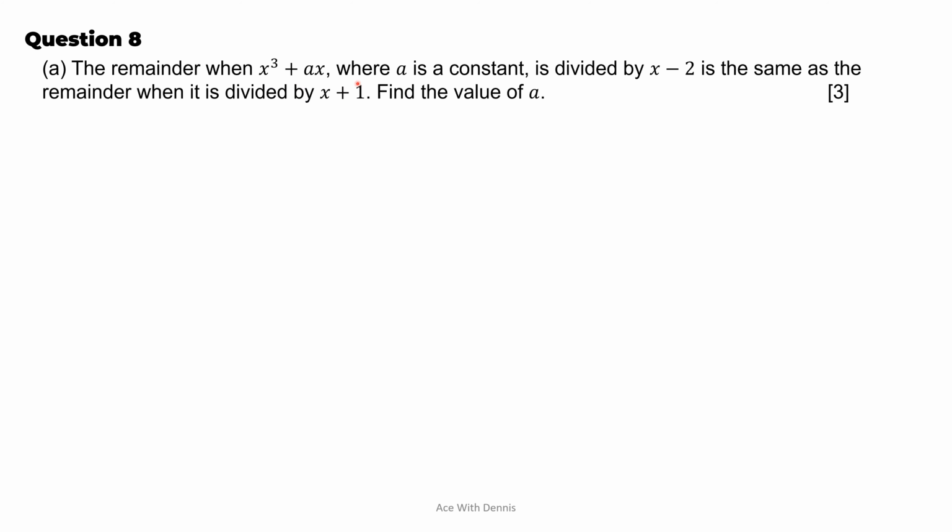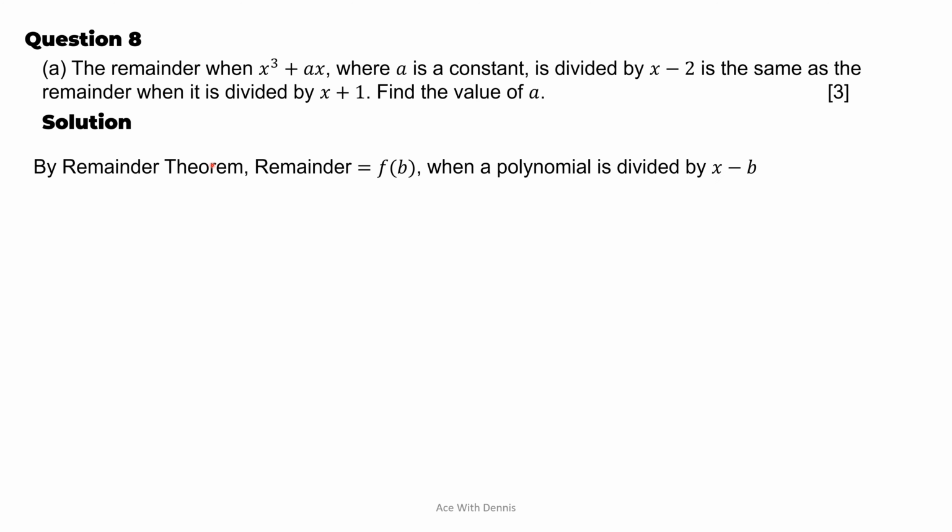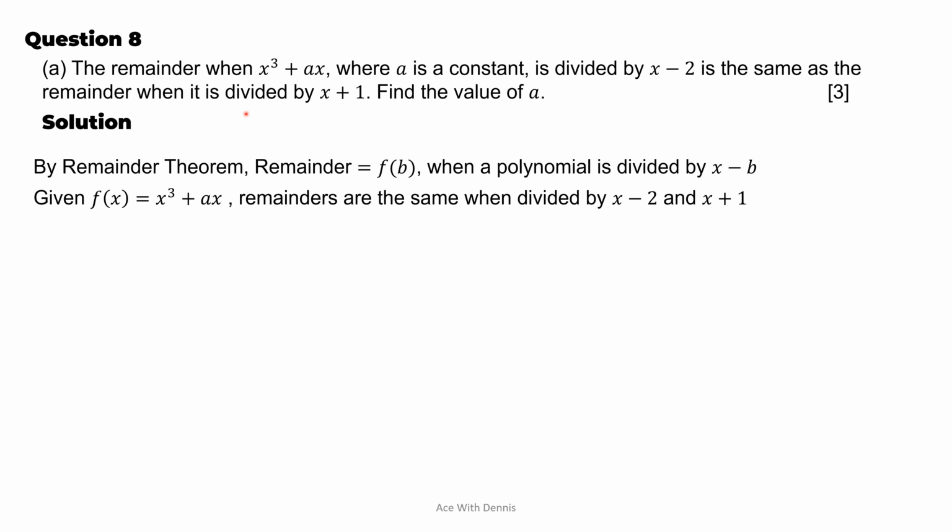So from here, we can apply the remainder theorem. By the remainder theorem, the remainder equals f(b) when a polynomial is divided by x minus b. Given that f(x) is x cubed plus ax, the remainders are the same when divided by x minus 2 and x plus 1.